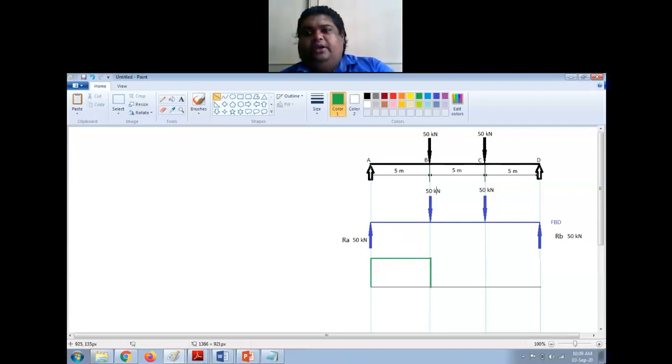Now from B to C, I do not have any load. So again, I will draw a horizontal line like this. At C, I have another 50 kilonewton load. So I will draw another line like this.